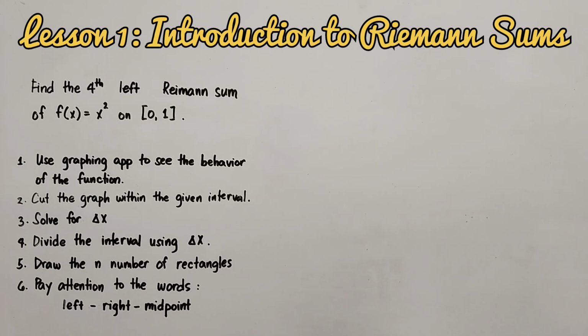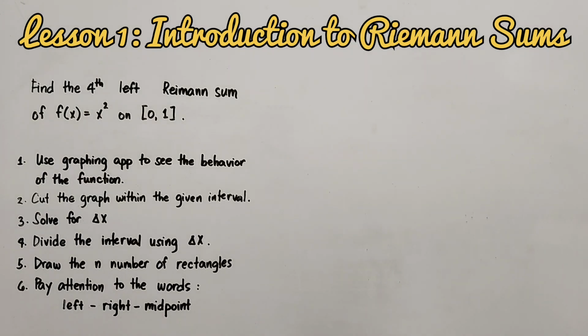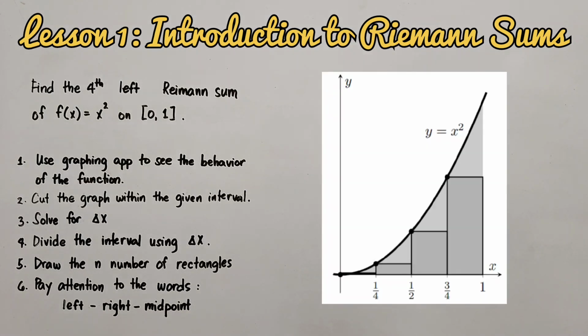Divide the interval using the step size. From 0 to 1, we have that division using the step size 1/4. Draw the n number of rectangles. The value of n determines the number of rectangles. In this case, since this is the fourth left Riemann sum, the number of rectangles should be 4. And lastly, for the height of the rectangle, pay attention to the words left, right, or midpoint.